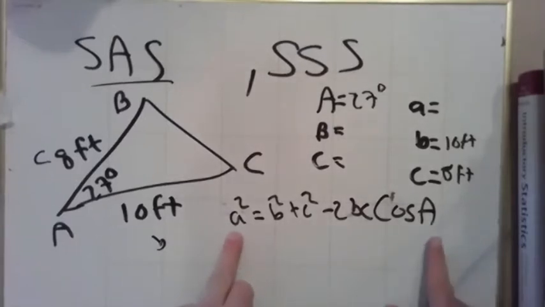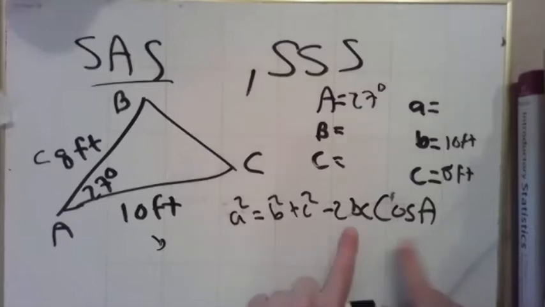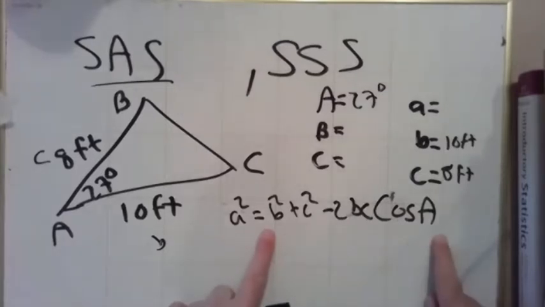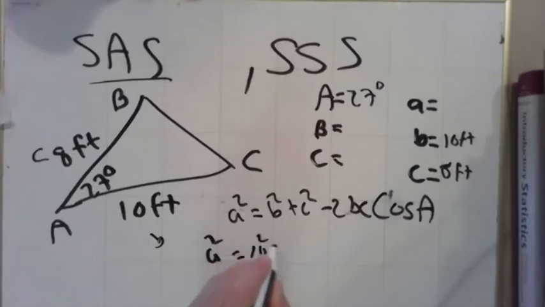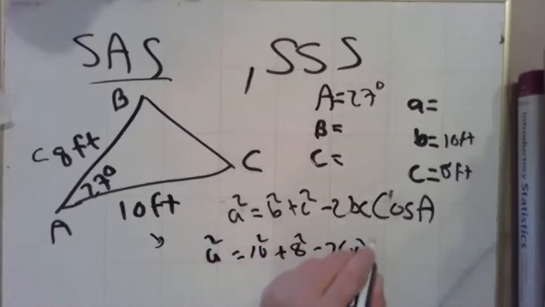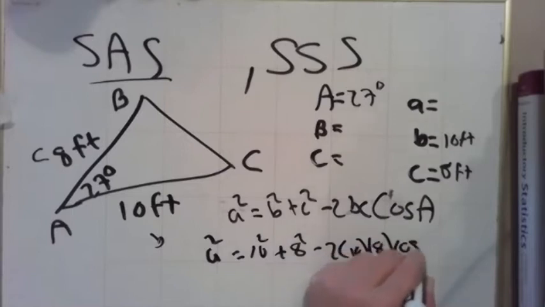Notice I also know cosine of A. I know b and c. I know everything over here. That's the only thing I don't know. So a squared, I'm going to write it all out, will be 10 squared plus 8 squared minus 2 times 10 times 8 times cosine of, what was my angle?